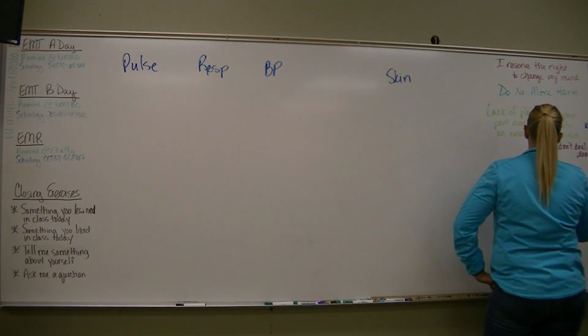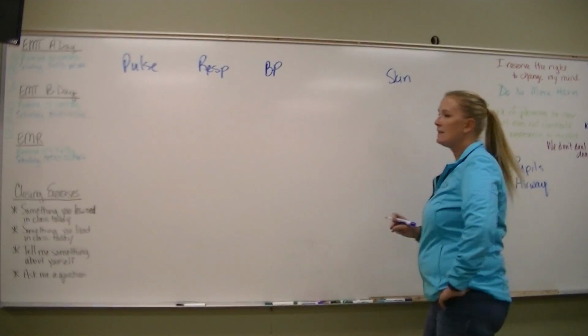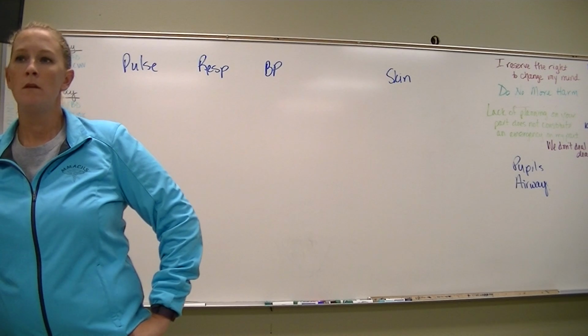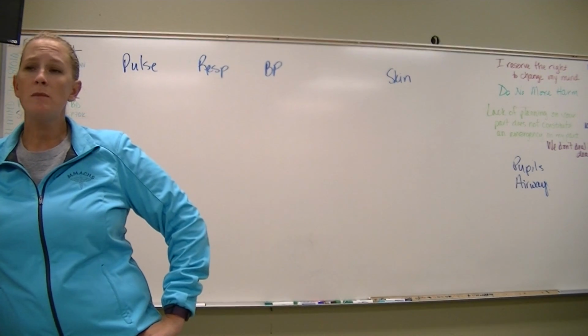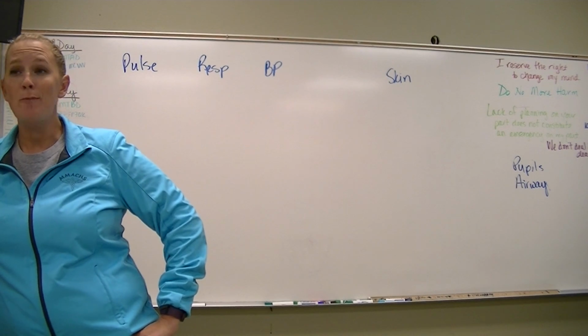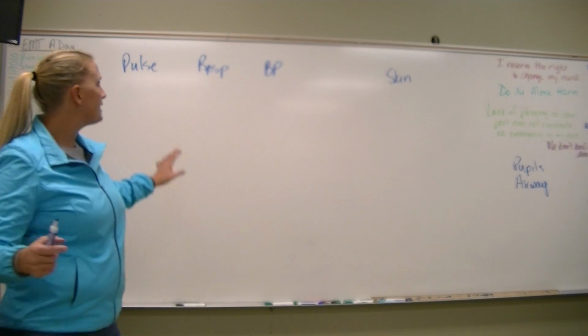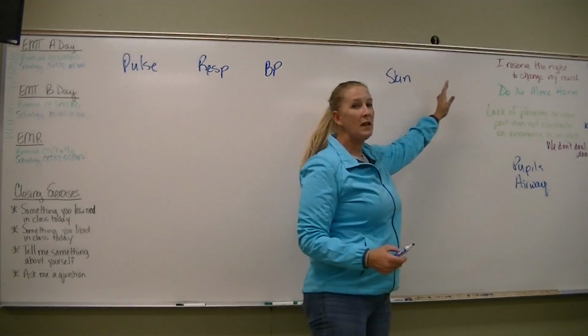What's the difference between a sign and a symptom? A sign is something you can see, a symptom is something you're told. Okay, so a sign is something that you can see or measure, and a symptom is something that you're told. So a sign is objective, and a symptom is subjective. So because signs are objective, we're looking for 6 things that we can independently measure.